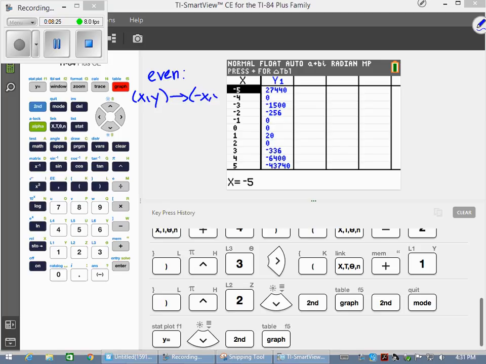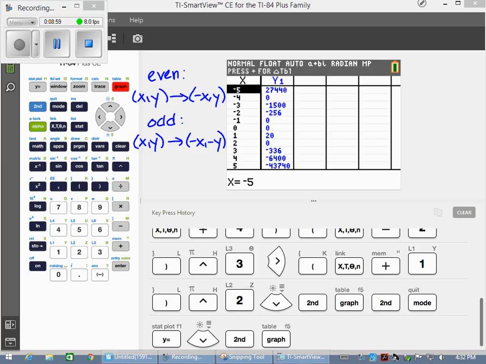And for odd functions, x, y should also have -x, -y. So if I look at, let's say, +1, +1 is associated to +20. If this was even, -1 should also be associated to +20, and it is not. If this is odd, -1 should be associated to -20, which it also is not. So if you analyze these x, y ordered pairs, you're going to notice that they do not share an even or odd relationship.